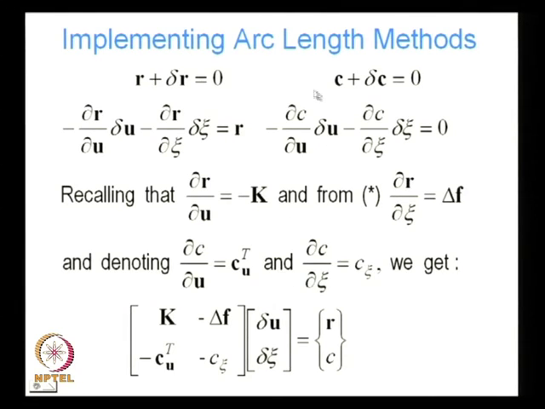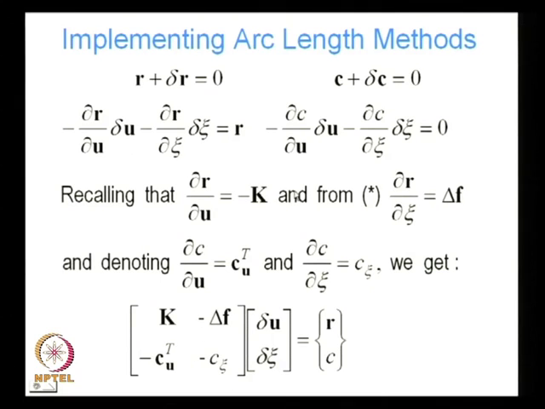And then if I denote del c del u by cu transpose and del c del xi by c xi, I get a coupled system like this. So, now I have k delta u, del r del xi, which is equal to delta f, delta f delta xi, that is equal to r, and here I have del c del u, which I denoted by cu transpose, and here I have del c del xi, which is c xi.